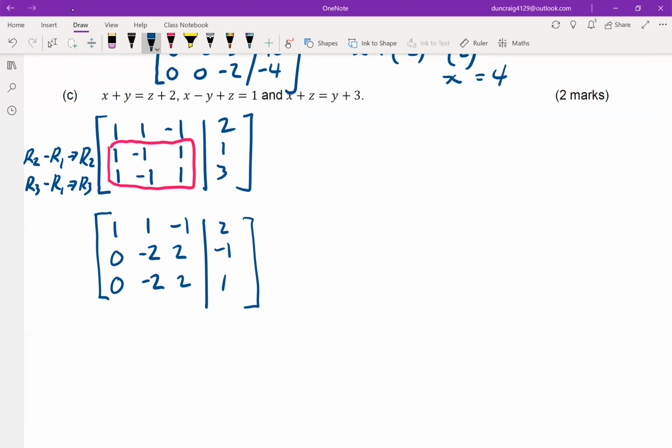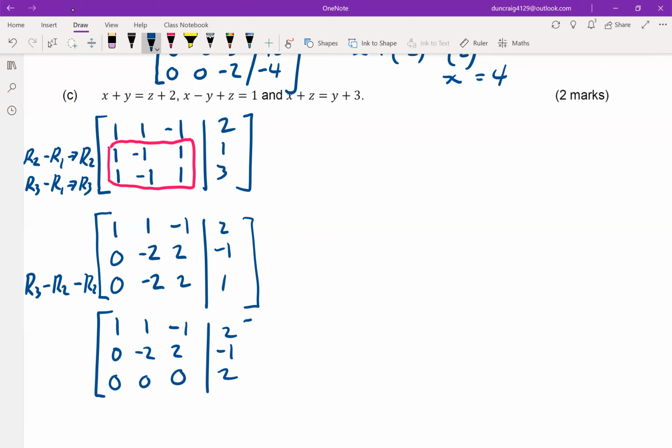Cool. And now I can make that minus 2 a 0 if I do 3 take 2 and put it into 2. We're going to get 1, 1, 1, negative 1, 2, 0, minus 2, 2, negative 1, 0. That's going to be a 0, that's going to be a 0, and that's going to be a 2.